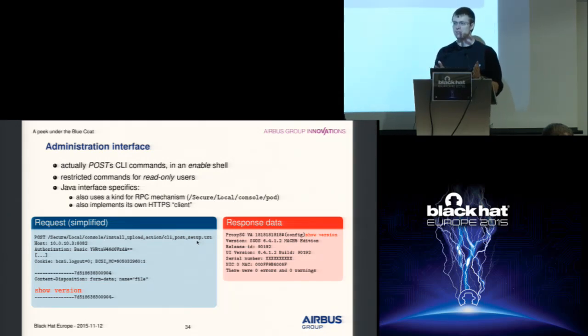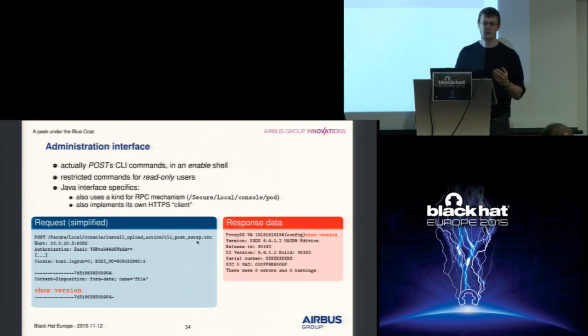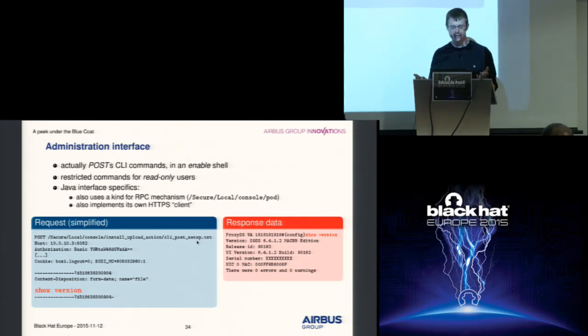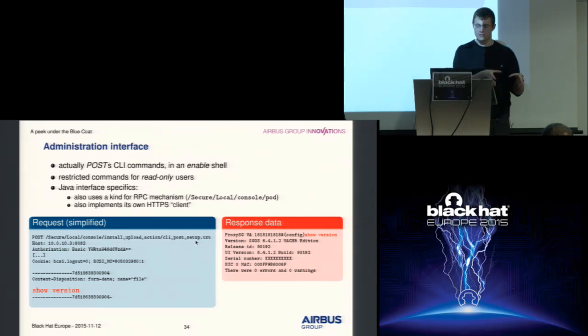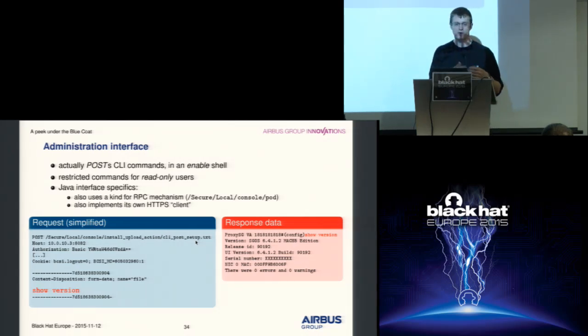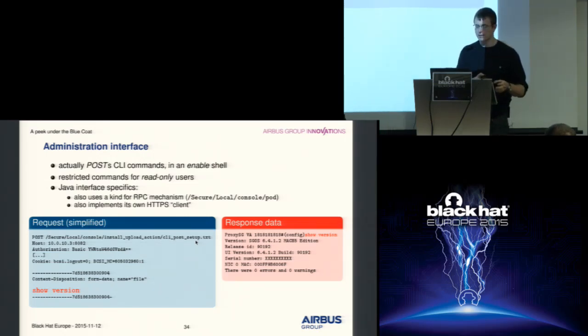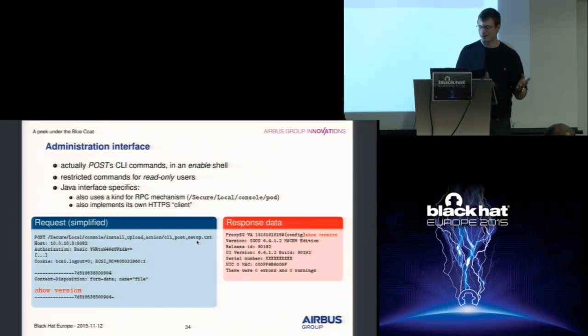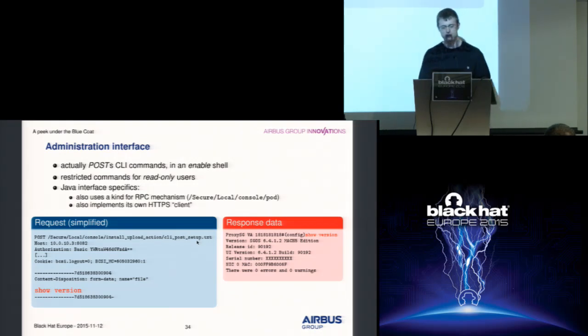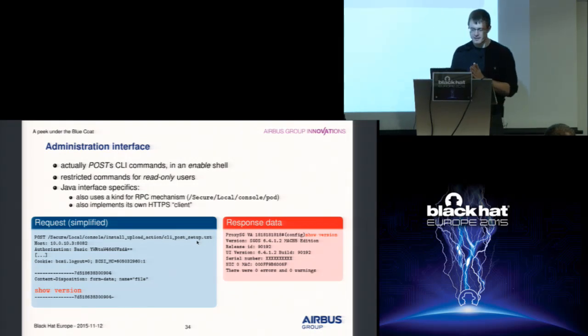Actually, they fixed security vulnerabilities a few years ago where it was really easy to do a privilege escalation using this. But then they added restricted commands. So in theory, you shouldn't be able to modify the configuration because they restrict you to a set of commands. I didn't really look into it, but I guess it can probably go wrong.